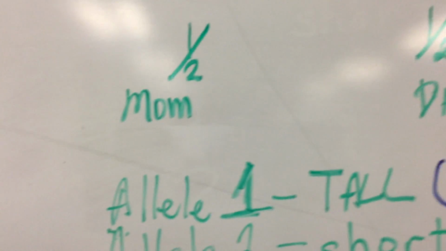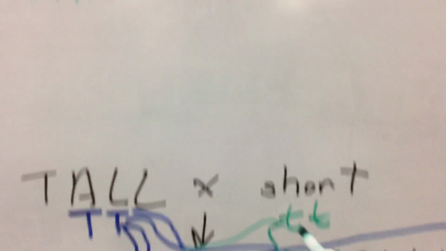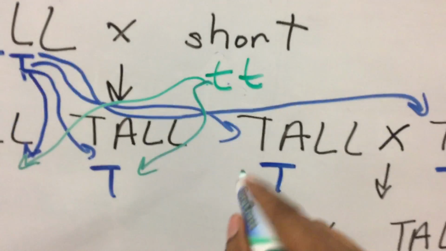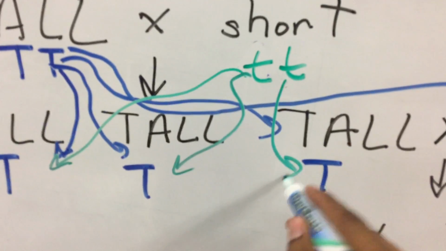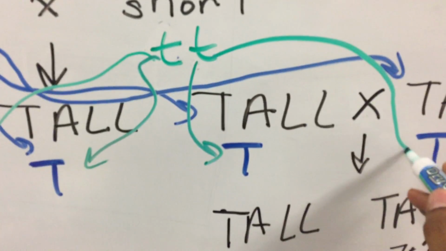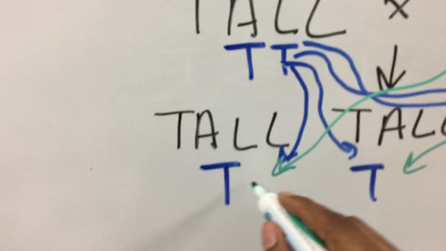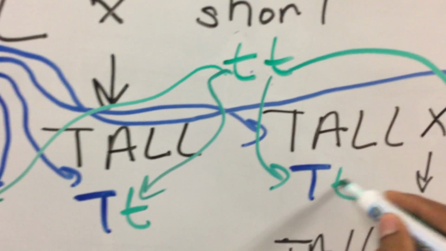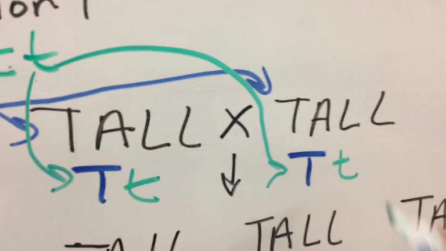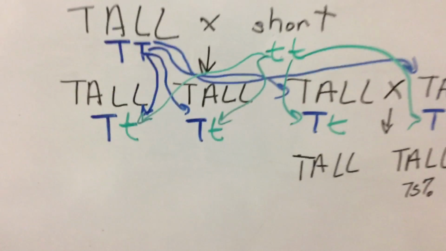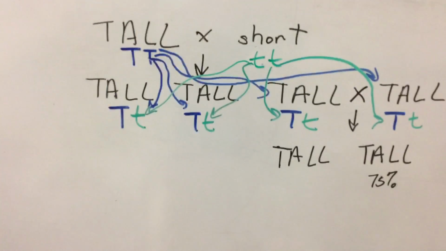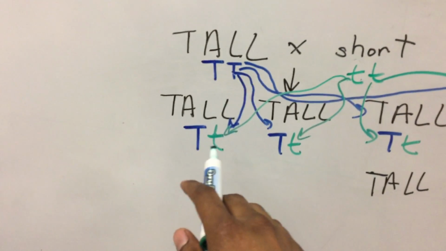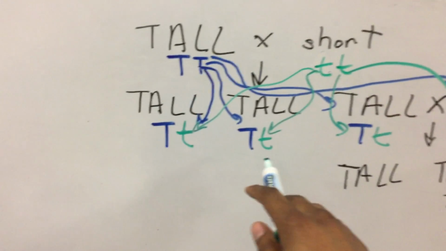Because remember, mom and dad each give half of their DNA to you, the offspring, or to the plants, the offspring. So now we're going to have the short allele here. So all of these offspring ended up getting one tall allele and one short allele.